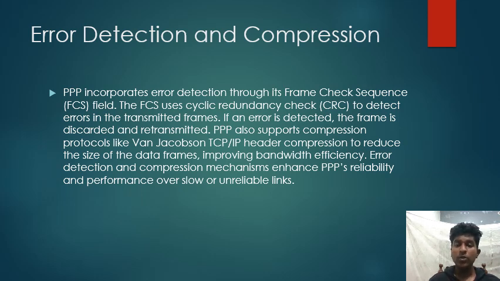PPP also supports compression protocols like Van Jacobson TCP/IP header compression to reduce the size of a data frame, improving bandwidth efficiency. Error detection and compression mechanisms enhance PPP's reliability and performance over slow or unreliable links.